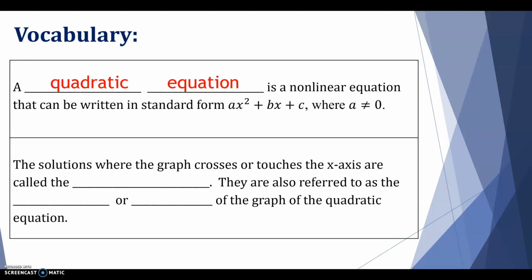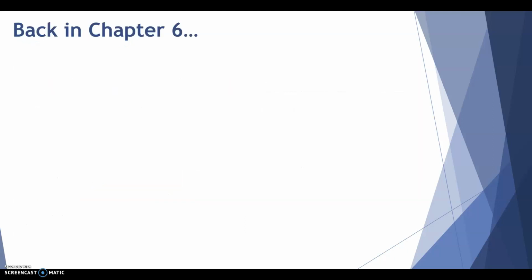The solutions where the graph crosses or touches the x-axis are called the x-intercepts, also a word from before. They are also referred to as the roots or zeros of the graph, okay? So all 3 of those words essentially mean the same thing. It's just if you're talking about the graph or you're talking about the equation. But again, they're all synonyms of each other.